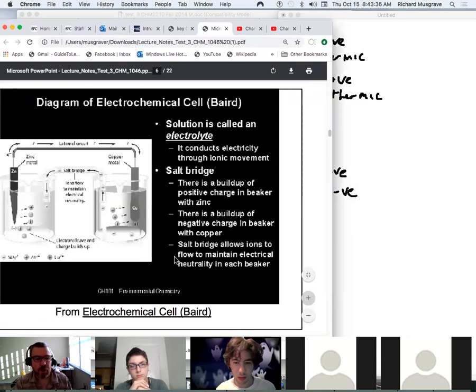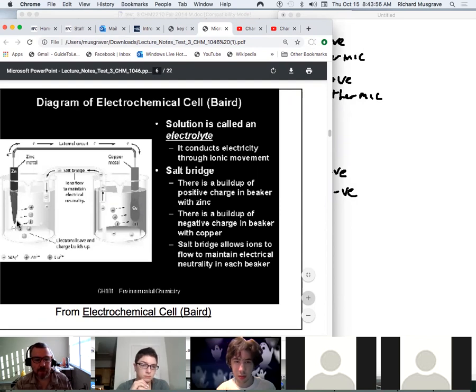So going back to our diagram, we've got our zinc solid, which is in a solution of zinc 2 plus, and then we've got copper solid, which is in a solution of copper 2 plus. Take a look at what's happening with the zinc. Do you see how it's got this jagged edge down the bottom?